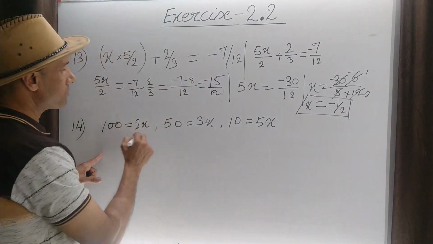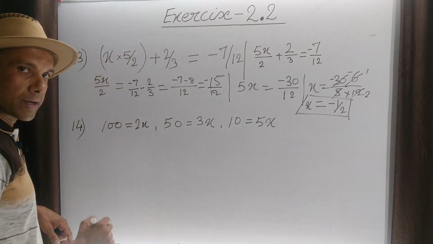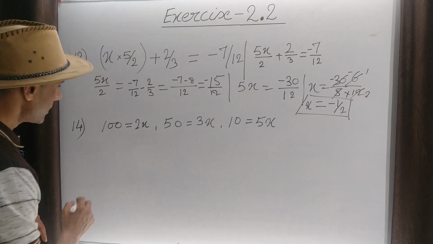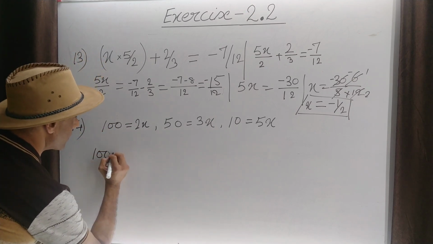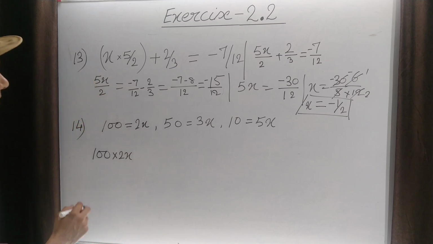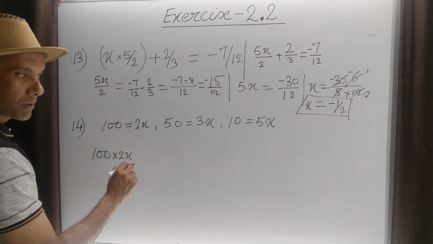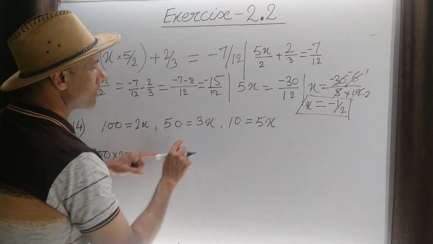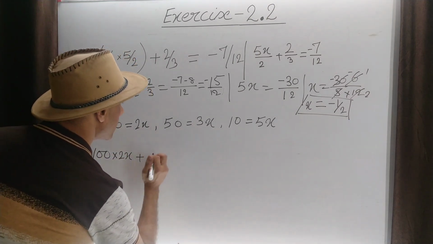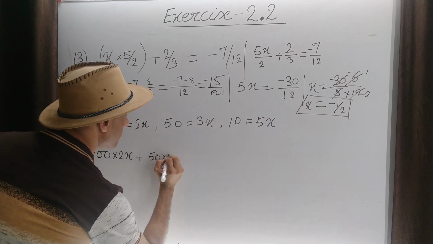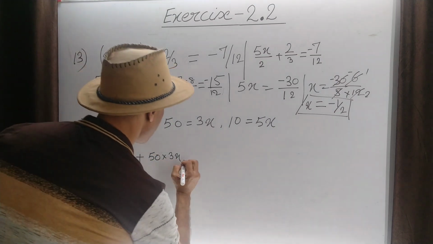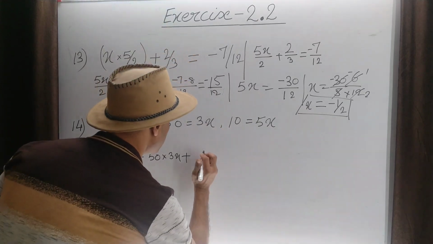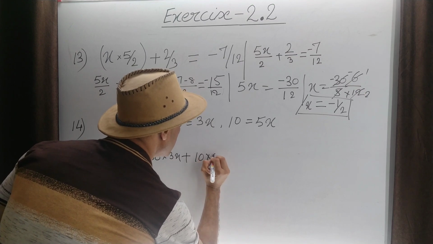So these are actually the number of notes we have got. Okay, now total cash will be, 2x is the number of notes of rupees 100, so 100 into 2x. This is the amount of rupees 100 notes. We add the total amount of rupees 50 notes, that is 50 into 3x. Again we add the total amount of rupees 10 notes, that is 10 into 5x.